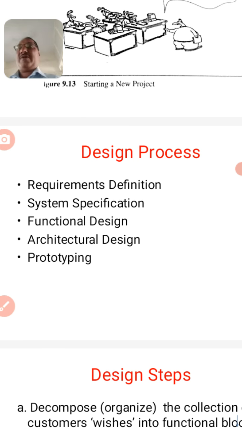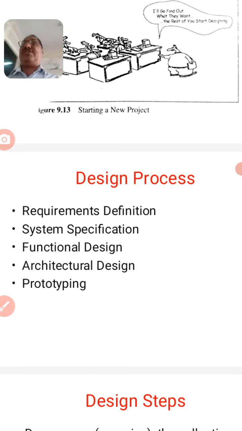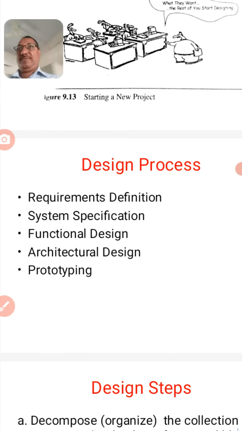Then what should be the weight, size and cost of that machine, whether it should be hand operated, feet operated, automatic or remotely sensed, and what the technology should be. All this study comes under requirement definition. You will gather this information by talking with the customers and the users.